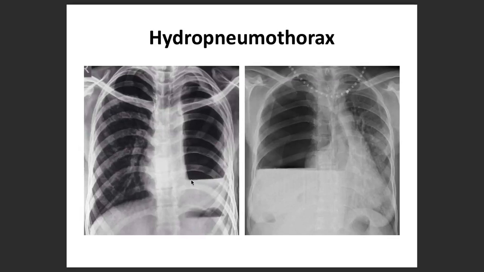Do you notice the straight line here and the straight line over here? You should ideally do this in an upright chest X-ray. So you are able to see it's huge, not just air is there, but also fluid. So this is hydropneumothorax. Pneumothorax you know, and hydro is also there now. You are already the masters now.